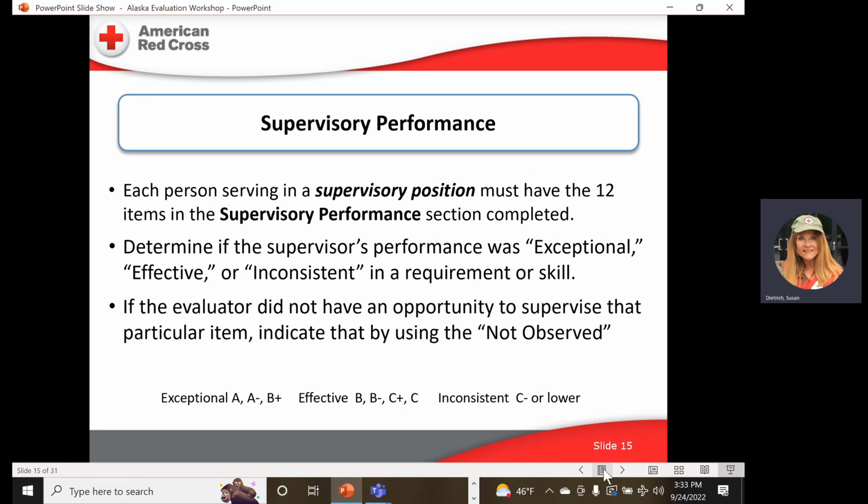And same thing, you're going to determine if the supervisor's performance was exceptional, effective, or inconsistent in a requirement or skill. Now, there may be some times that you didn't have an opportunity to supervise or observe that. Just put not observed. Don't just assume. If you haven't seen something, just put not observed.